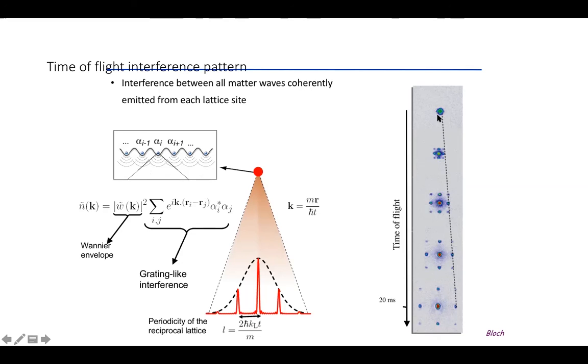So that's the kind of experiment that is done. You can see it starts out, this is a time of flight experiment, so the momentum and position get related here just through the velocity. And you get these images.